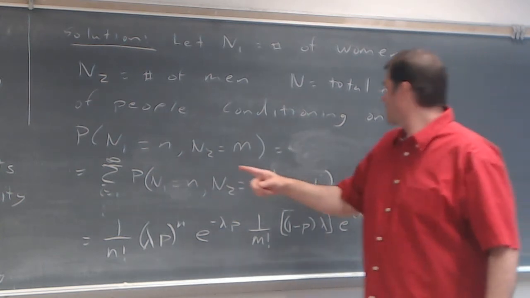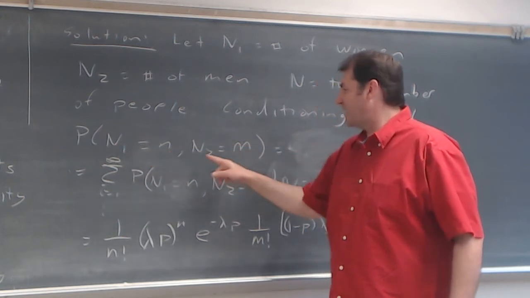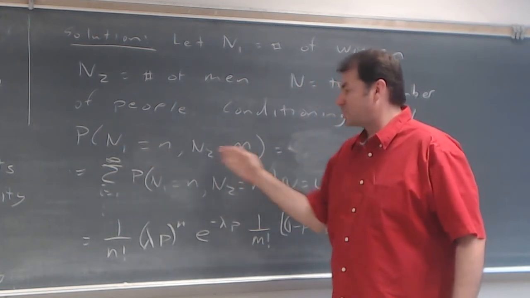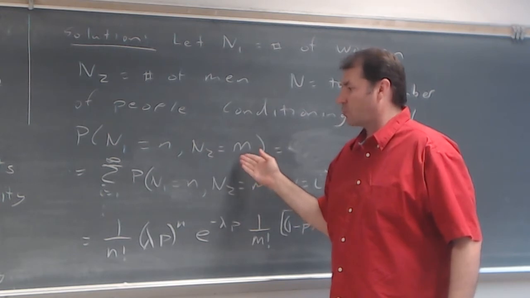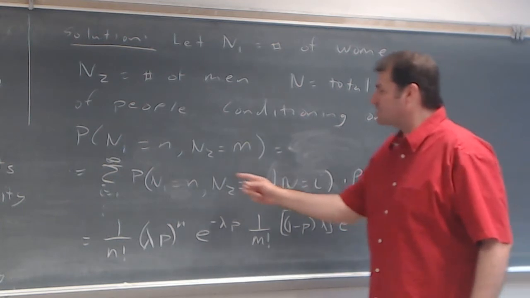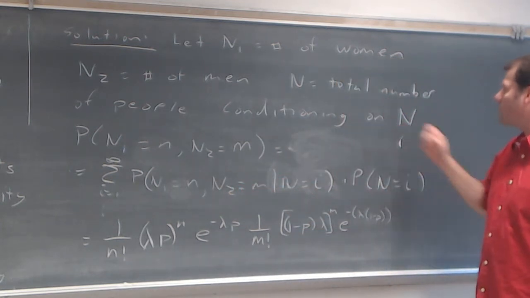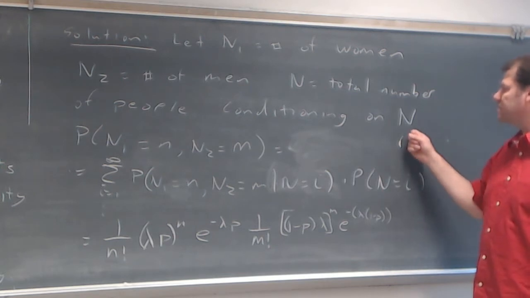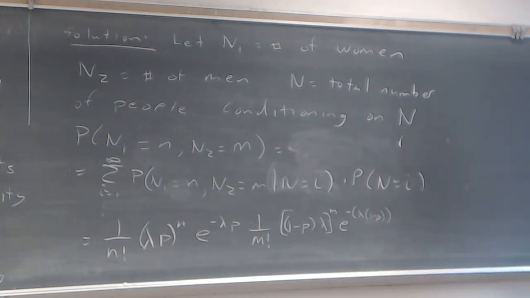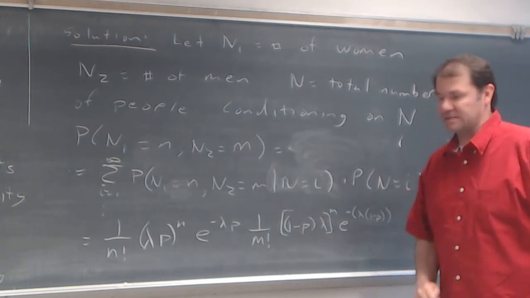To find the joint probability mass function, we condition on N, essentially using the total law of probability. We condition on N because we know something about N: it's a Poisson random variable with mean lambda. We work with this and get our answer.